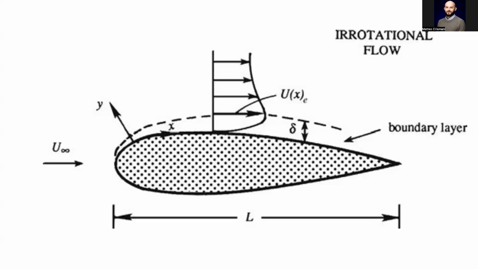And then finally p star is p minus p at infinity, divided by rho U infinity squared.